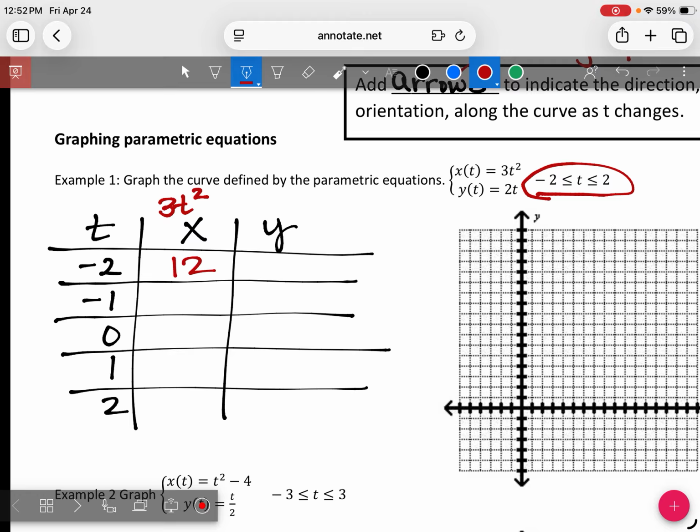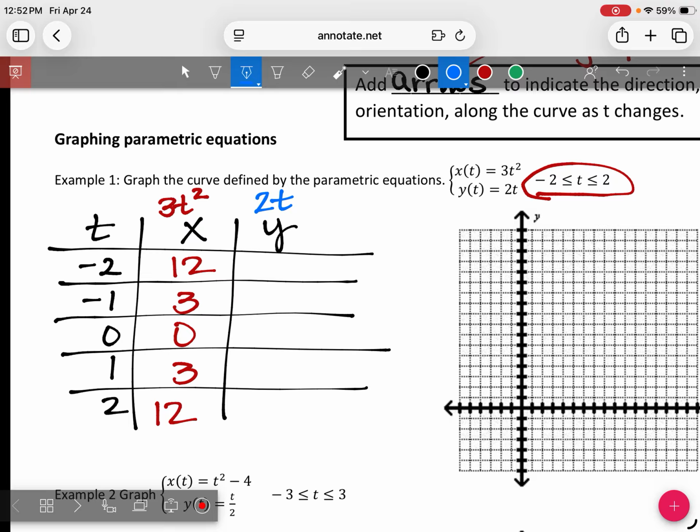What's -1 squared? 1. What's 1 times 3? 3. What's 0 squared? What's 3 times 0? 1 squared is 1. 3 times 1, 3. 2 squared is 4. 4 times 3 is 12. That's my x values. Now we're going to do our y parameter, which says just take 2 and multiply it by t.